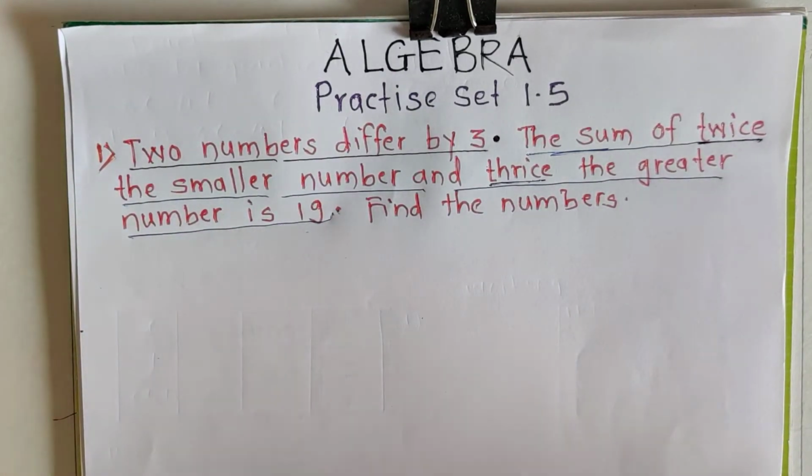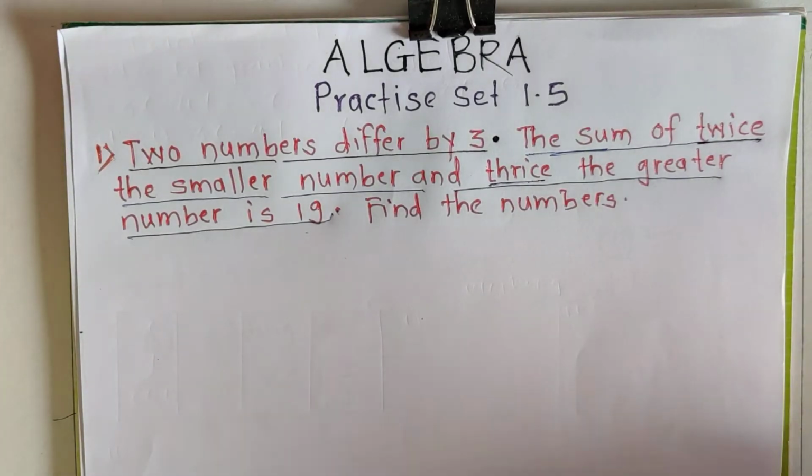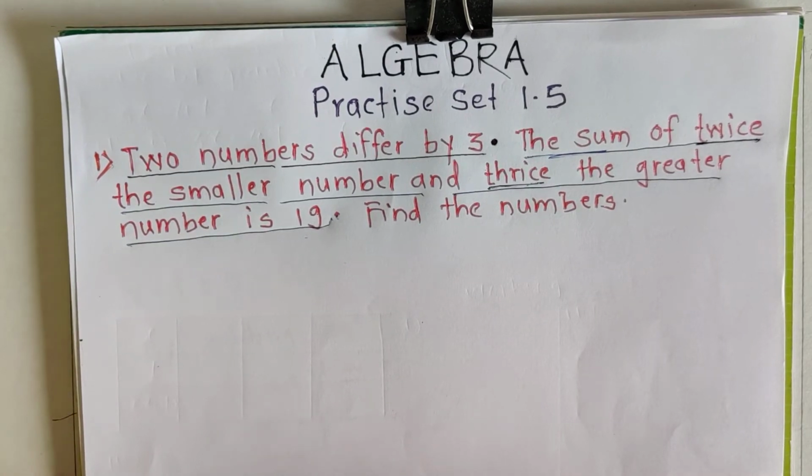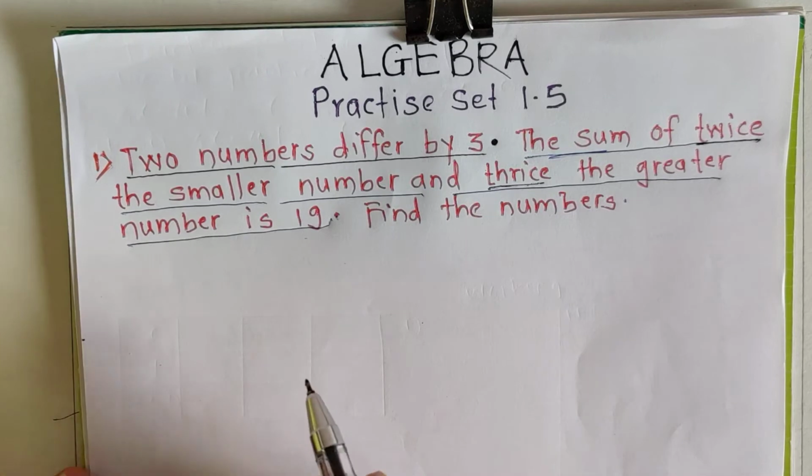Whenever we have to find the numbers, two numbers are given here. Whenever two numbers are there, one must be smaller and the other must be greater. So let the greater number be x and the smaller number be y.